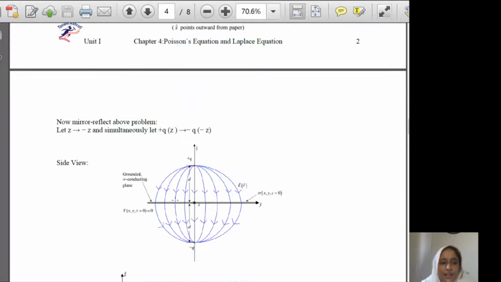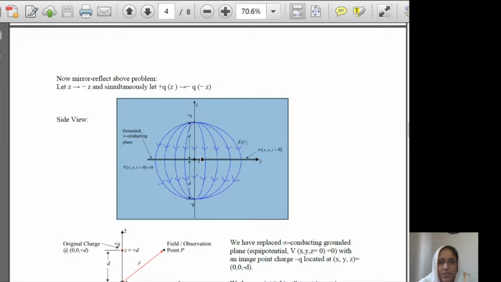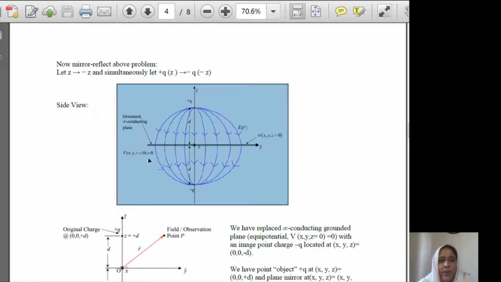Now, for the mirror reflection, if I put Q plus over here and Q minus over here, then what happens?